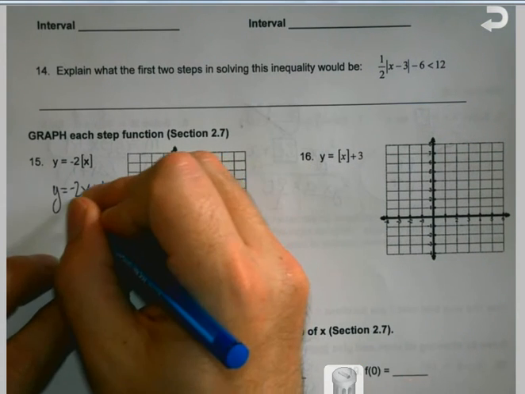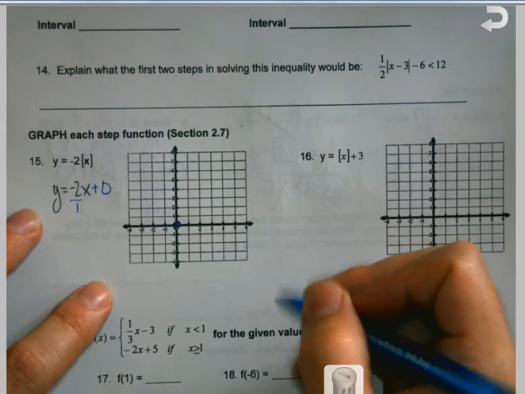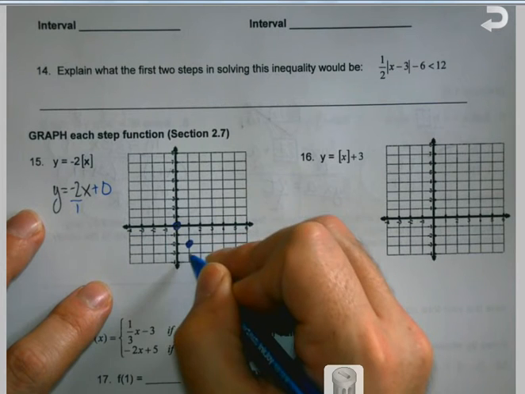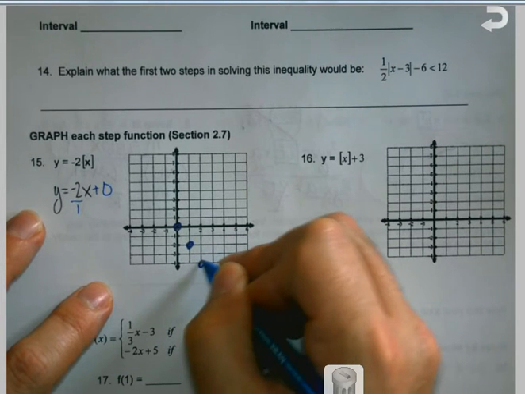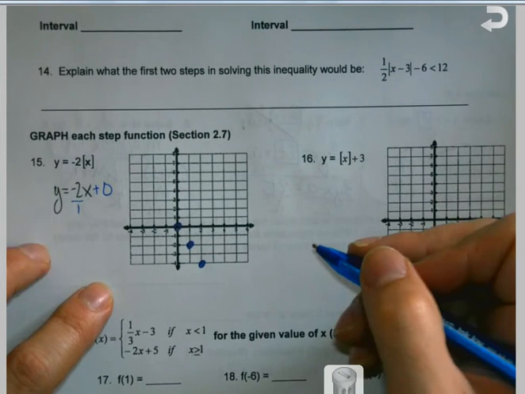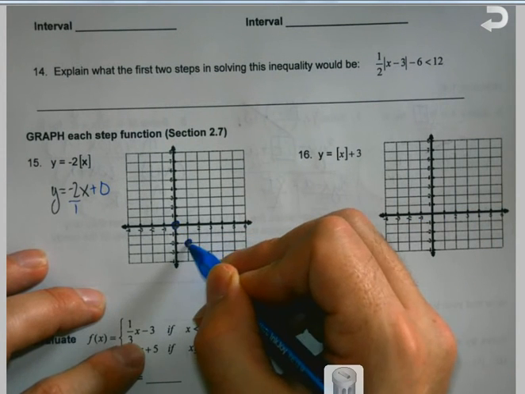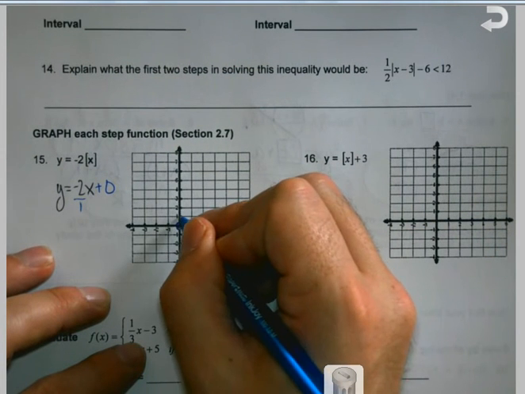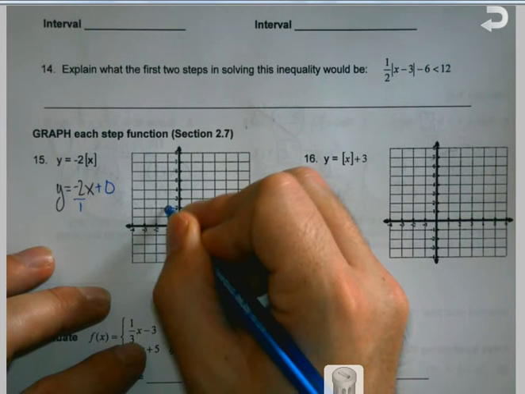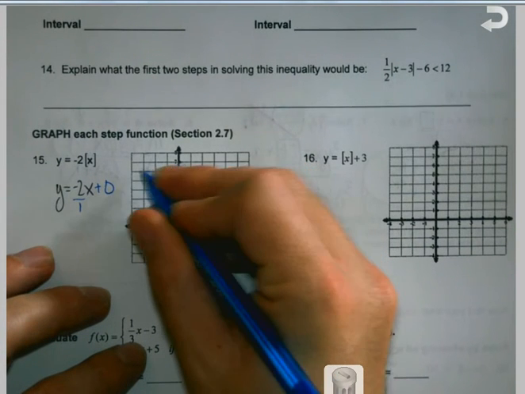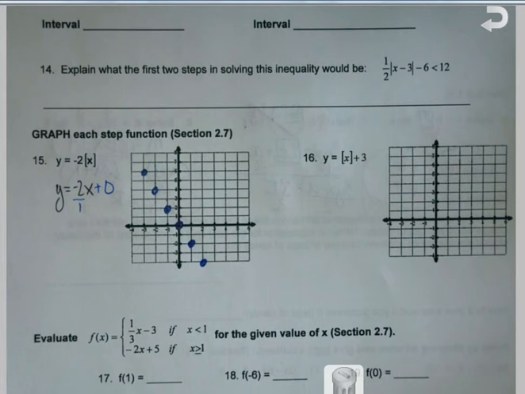My slope from here would be negative 2 over 1. So I go down 2 and right 1, down 2 and right 1. And if I run out of room, I can do a double opposite. So instead of going down and right, I can go up 2 and left 1. And get myself these dots.